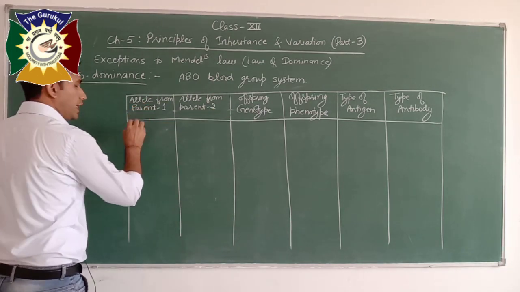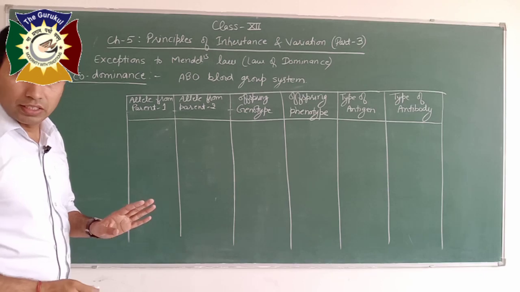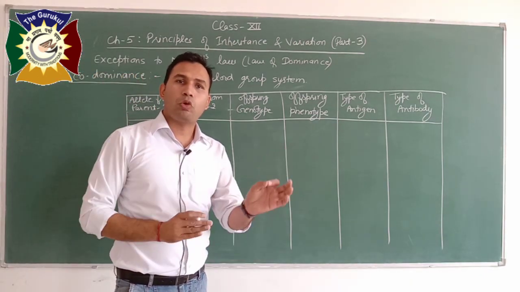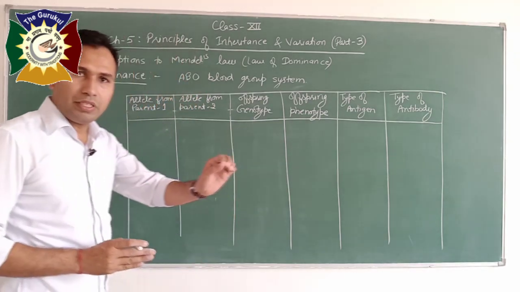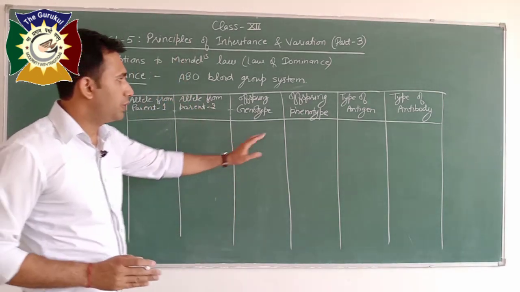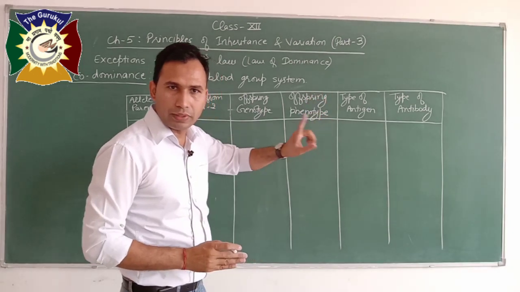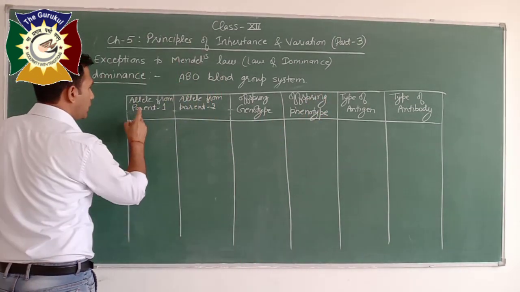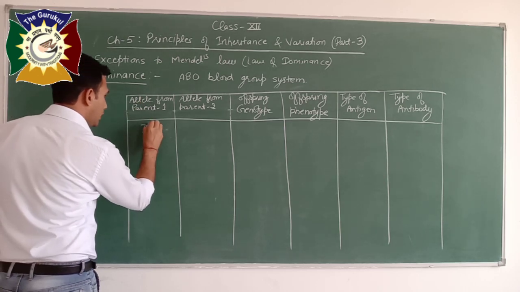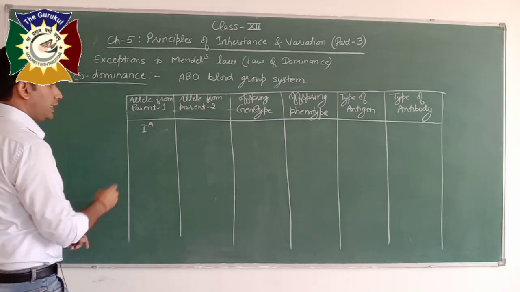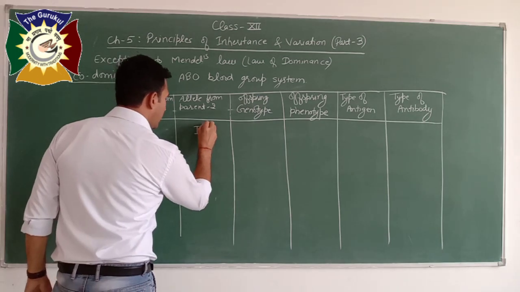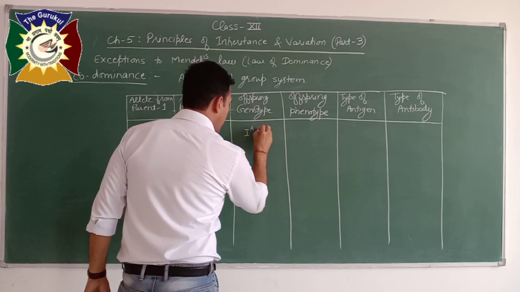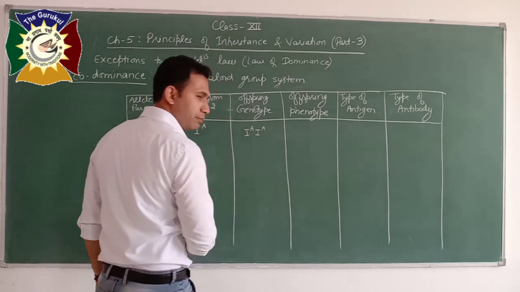As we know, there are 3 different types of alleles. So the combination of different alleles in a diploid human being is going to decide the phenotype or blood group of a human being. For example, IA from one parent, IA from another parent. So the offspring will have IA IA, both dominant.